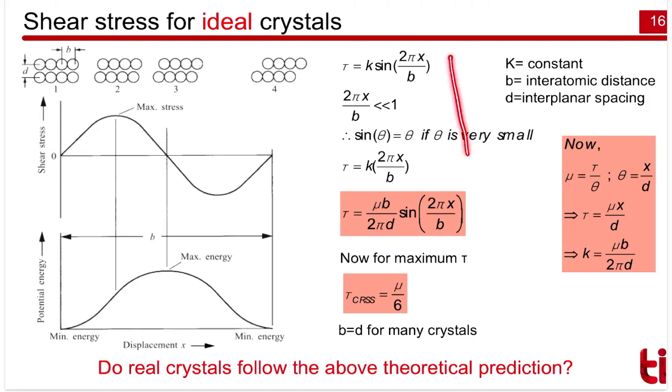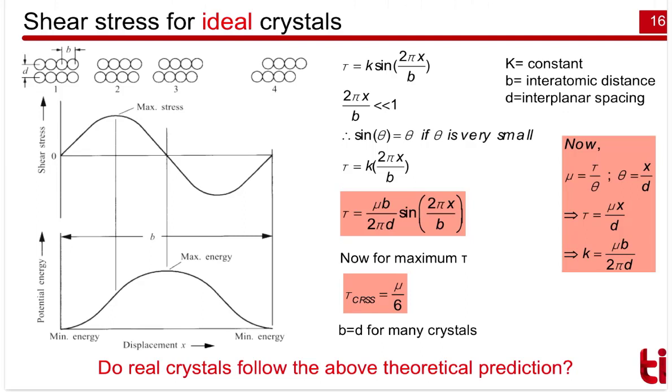So by this simple mathematical calculation, we have reached a value that tau CRSS equal to mu by 6. Mu is nothing but the shear modulus. So if you know the shear modulus, you divide it by 6, you will get the critical resolved shear stress. The shear modulus you can calculate experimentally.